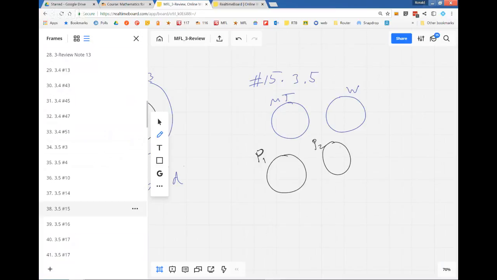Here again, no crossover with the math teachers. Oh wait, let me try that one again. And couldn't we even have, okay. So there's three possibilities.